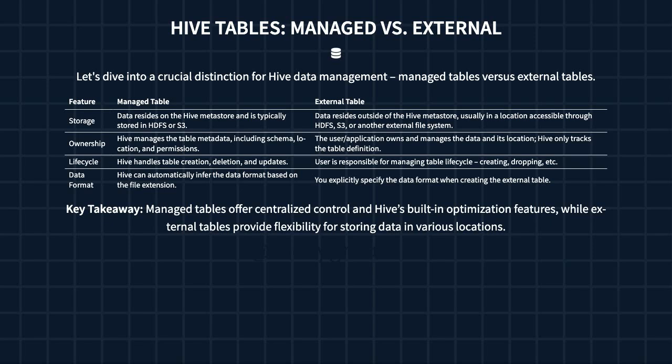The data lives somewhere else, maybe in S3 or another file system, and Hive just knows about it. You're responsible for managing that data's location and lifecycle. Managed tables are great when you want central management and Hive's smart optimization features. External tables are perfect if you need to store data in a specific place or work with diverse storage solutions.